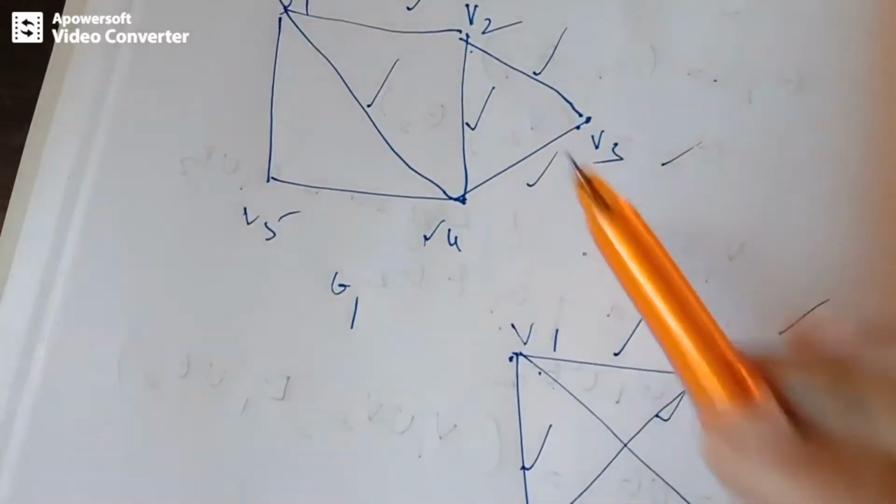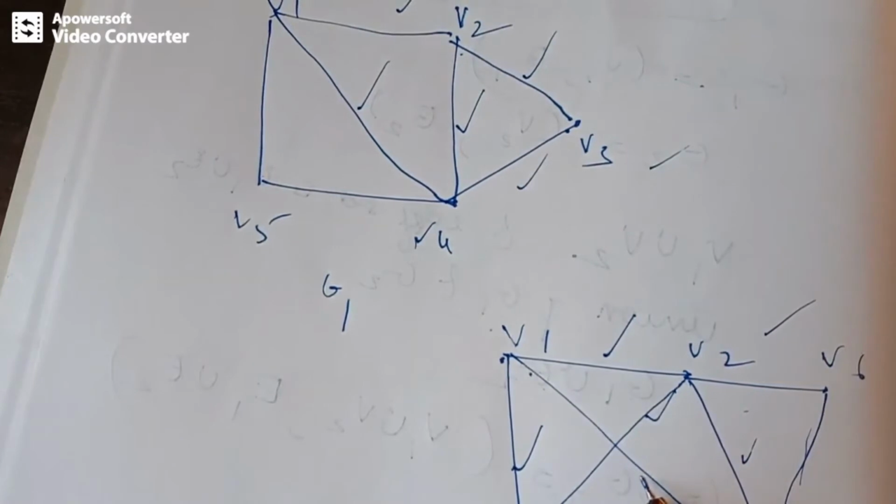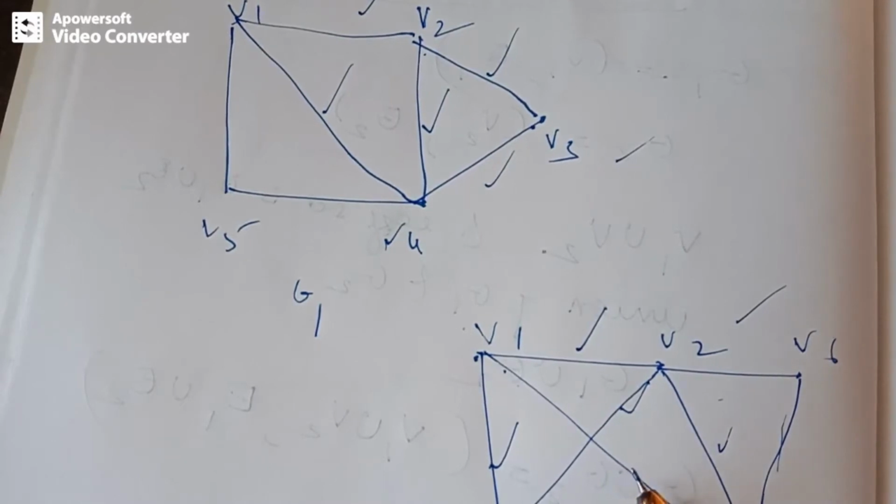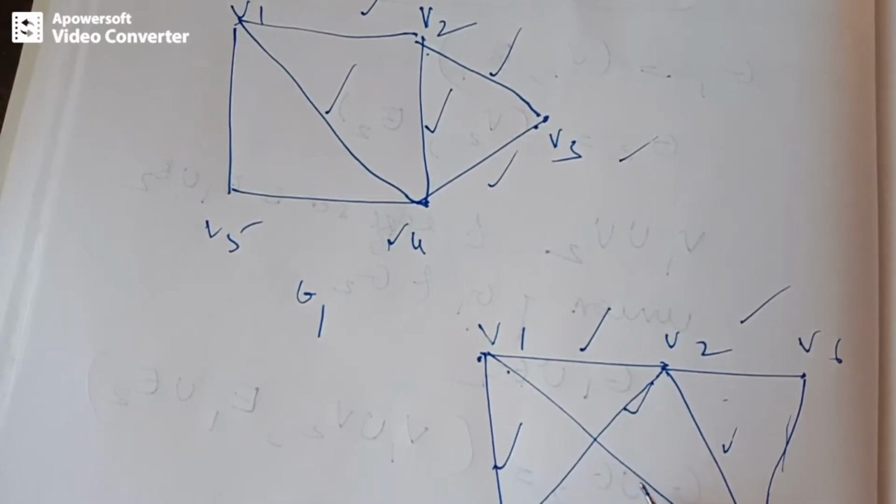You can observe that these are common to both the graphs. So according to the symmetric difference of the edges, we are not supposed to take the edges which are common to both the graphs, but we need to include all other edges in the symmetric difference of the graphs, and we also have to include all the vertices which are there in both the graphs.